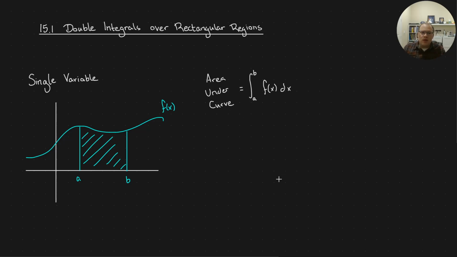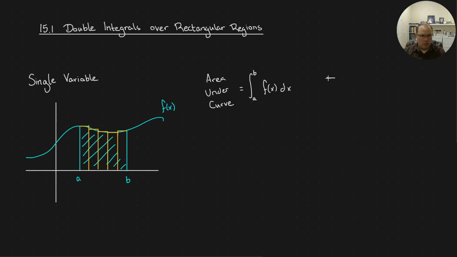And when we got down to it, the way we defined this was in terms of Riemann sums. We approximated the area under the curve by lots of rectangles. By finding the areas of all these rectangles, we could approximate the area, right?